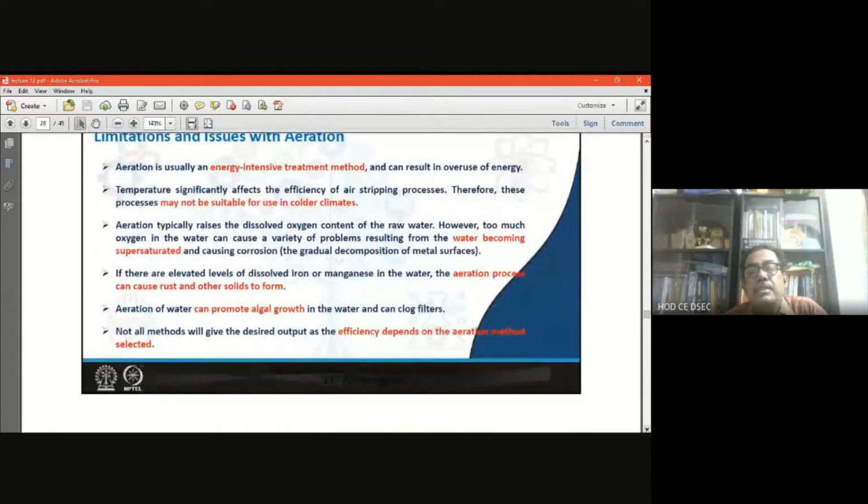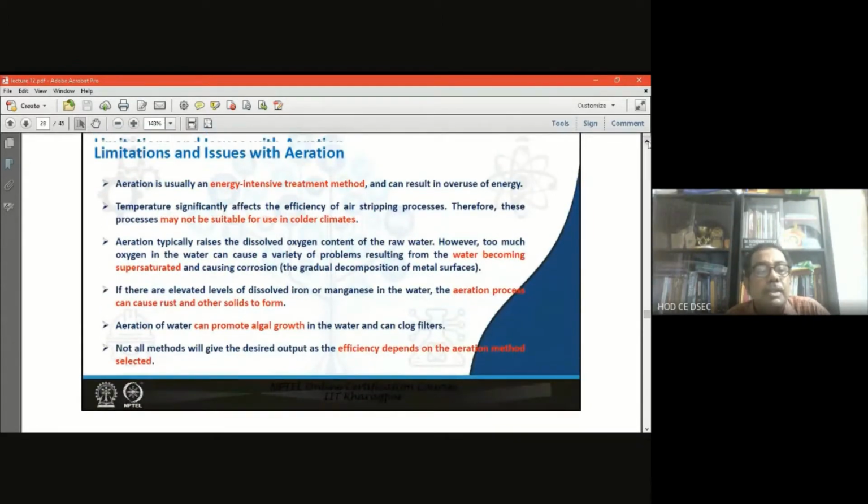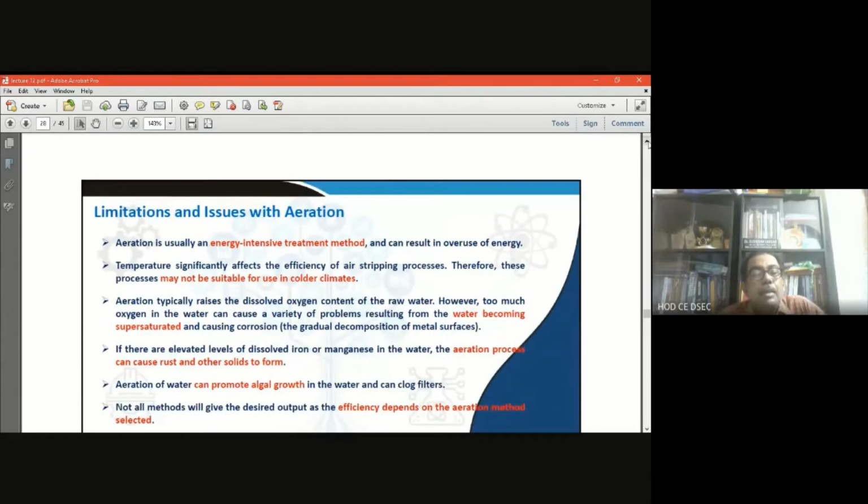And there are limitations of aeration that we must see. Let us see what the limitations are, because aeration is an energy intensive treatment method. That is the limitation and can result in overuse of energy, because it is electric power.